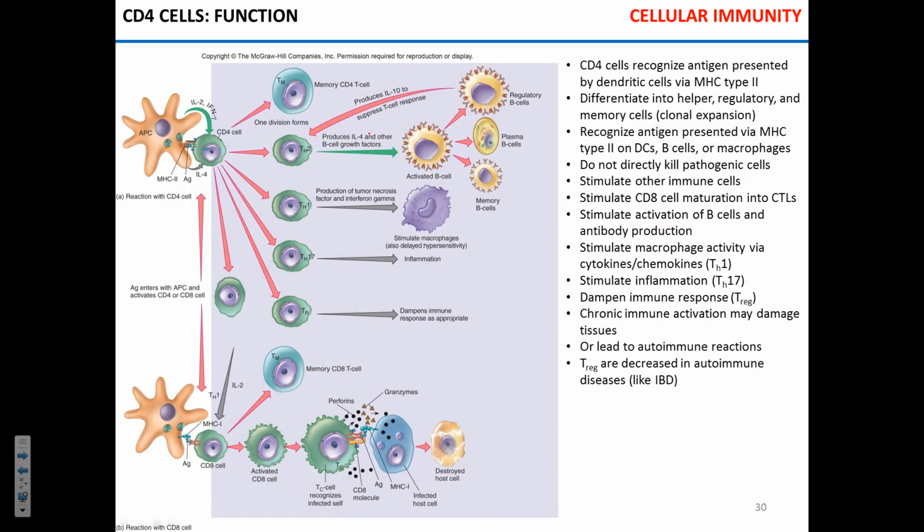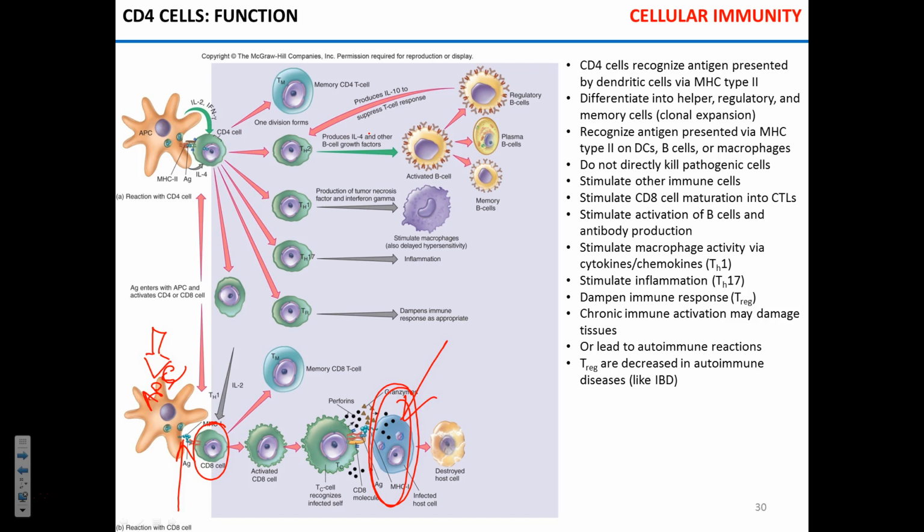Now, let's talk about what they do. CD8 is pretty straightforward. A CD8 cell recognizes the antigen bound to MHC class 1 on the antigen-presenting cell, gets activated, gets in the blood, circulates around, and finds the infected cell that has the same antigen bound to MHC class 1.